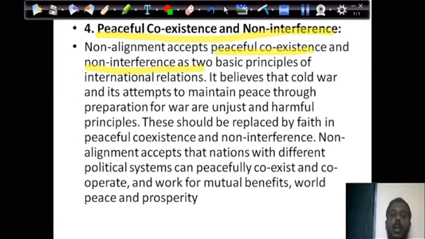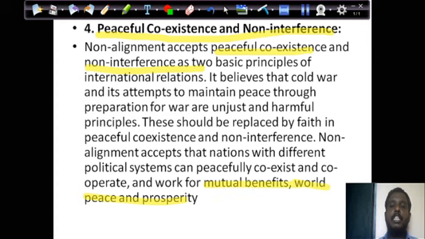It believed that the Cold War and its attempts to maintain peace through preparation for war were unjust and harmful. So it basically tried to say that we are not going to have a war with any nation, and we would like to have peaceful coexistence with other nations, and also not interfere in their internal issues, but make sure that they cooperate with each other for mutual benefit, world peace and prosperity, not for war, military and other things.